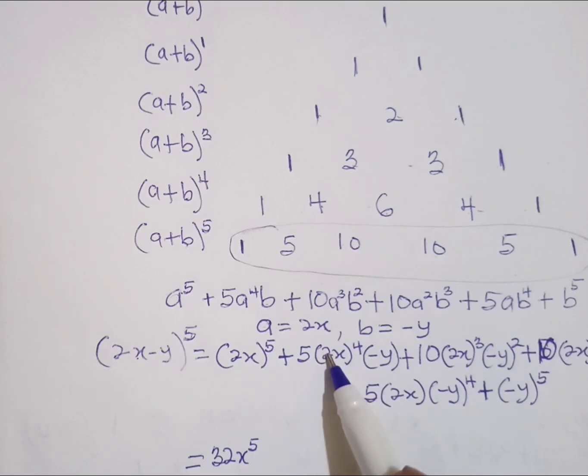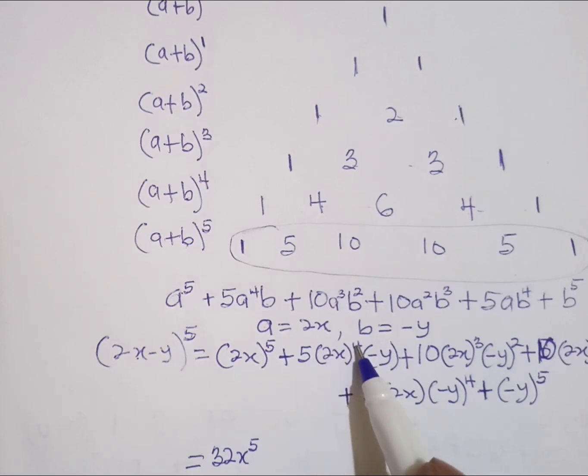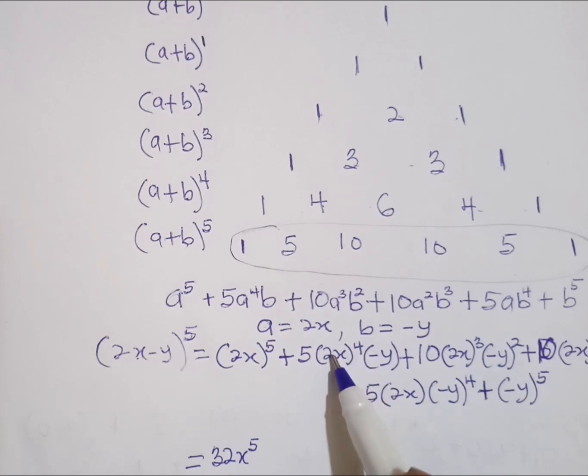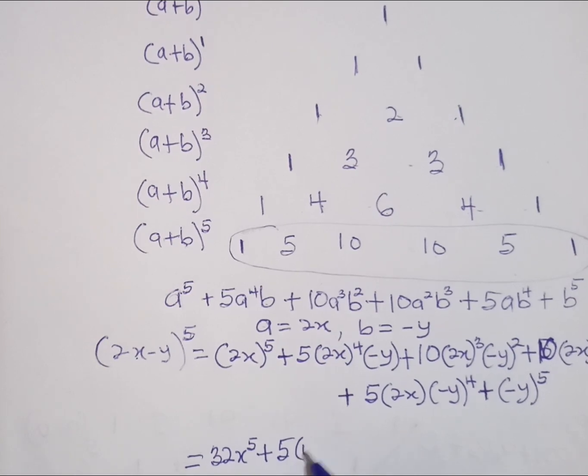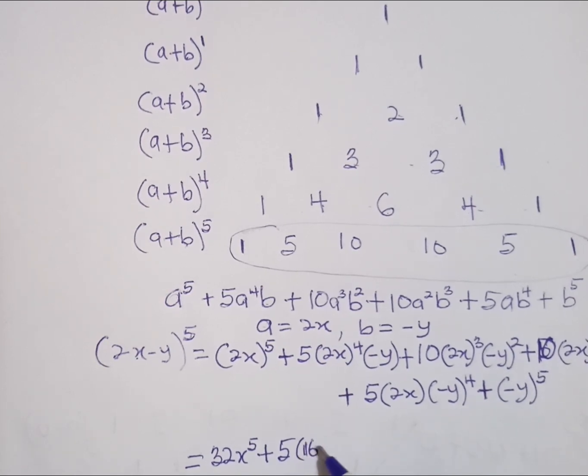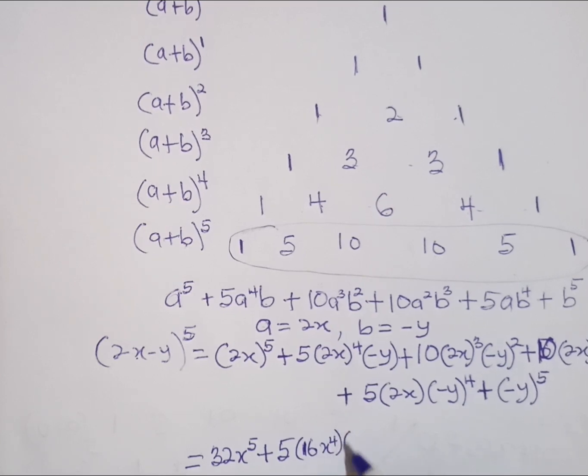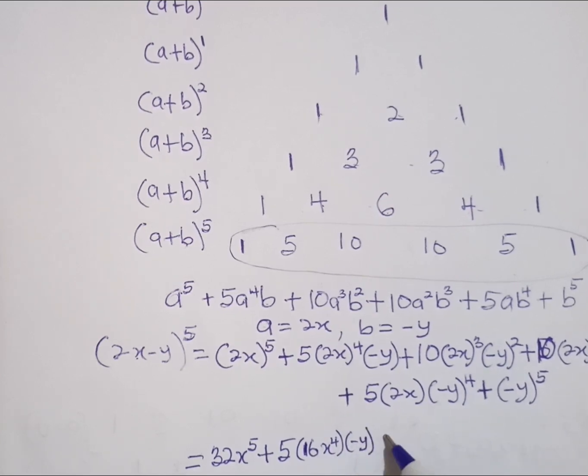Good. Then we have here as what? So 2 exponent 4 will give me what? 16. Good. 16 and then x exponent 5. So let me write it here like this. So I have 5 and then 16x exponent 4. Then we have negative y plus, then we have here as what?